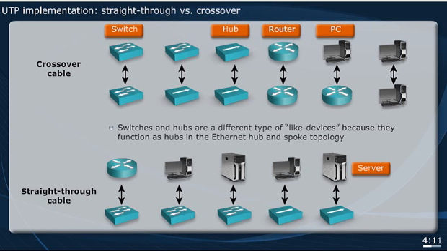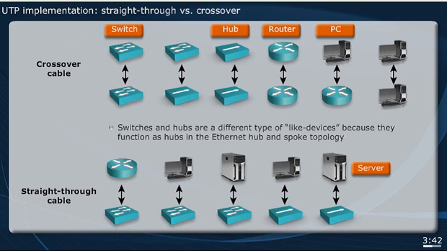And then around that, we had all of our spokes connected in. Anything that we could put in the middle of that hub and spoke topology would be a like device. They would be similar in nature. Anything that we could put around in our spokes, they would be similar to each other as well. They would be like devices.